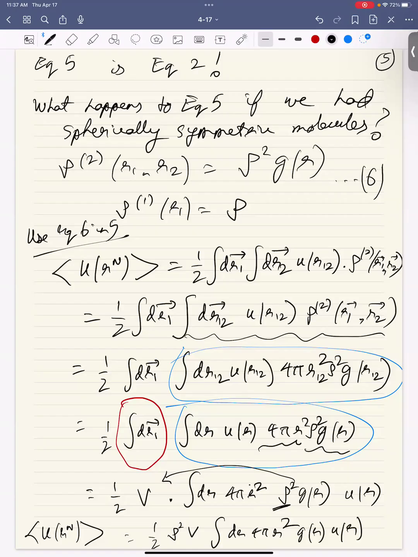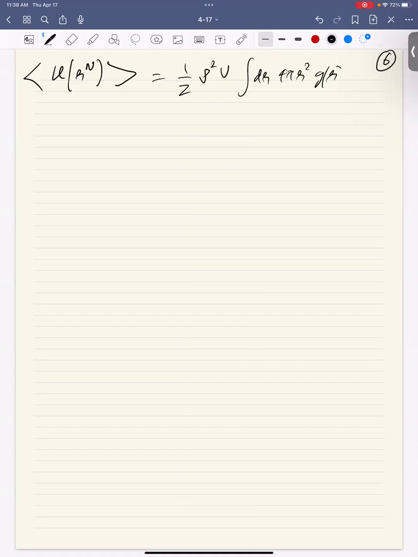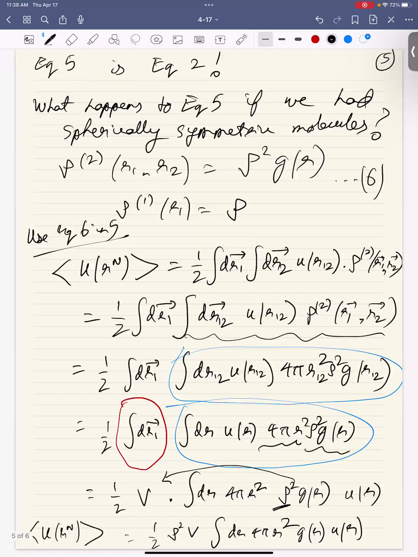Okay, I'll write down the last equation on the next page. So this thing is half rho square V integral dr 4 pi r square g of r u of r, which is the equation, last line on this page.